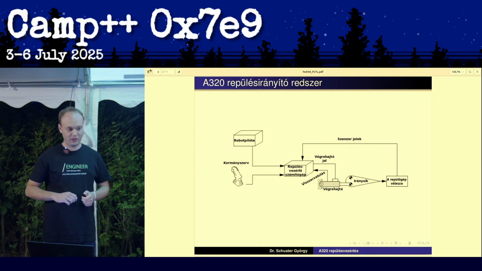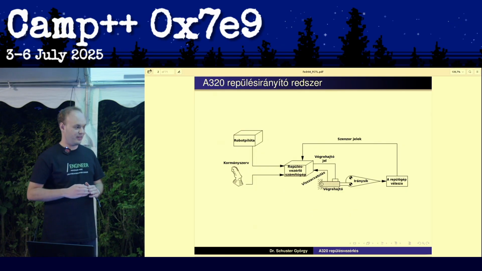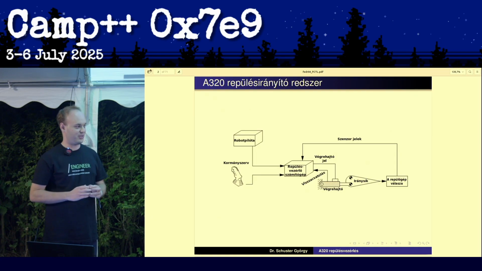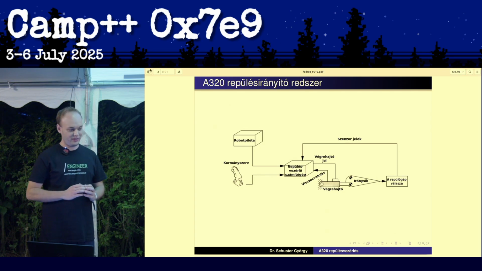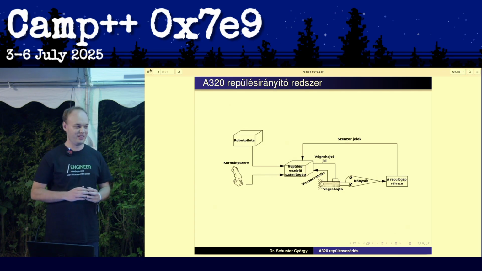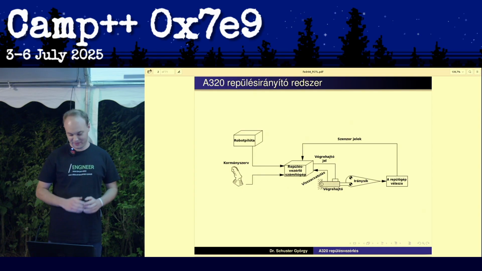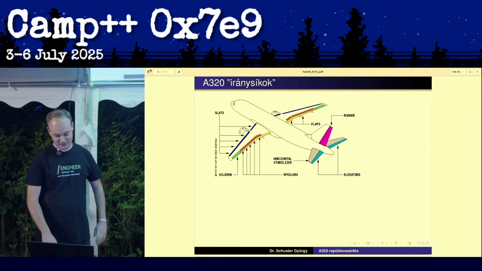It is all connected electronically through different computers. As you will later see, my teacher also said one of his famous sayings is that the A320 is really not just an aircraft. It's basically a flying computer cluster. So here are the control surfaces.